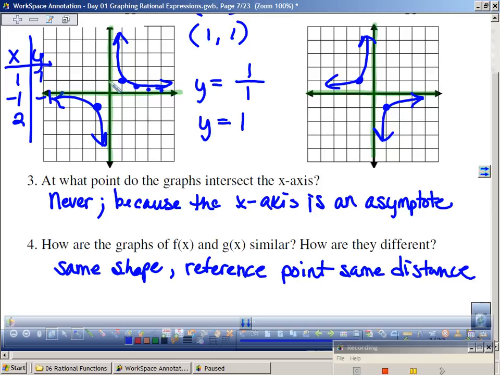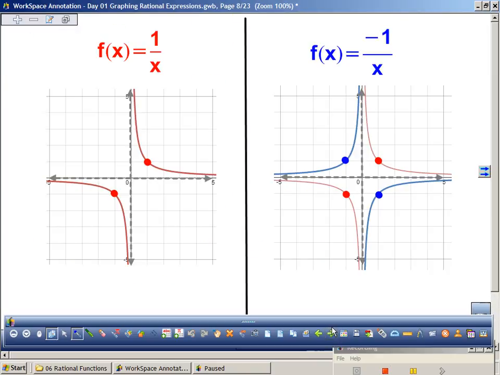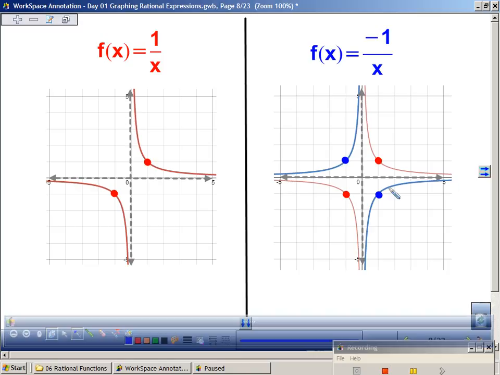I'm exactly 1 unit away from the vertical asymptote, and exactly 1 unit away from the horizontal asymptote. All right. So that's what you were supposed to graph. This one's our parent graph, and then the graph of when the function is negative reflects over the x-axis. Okay, moving on.